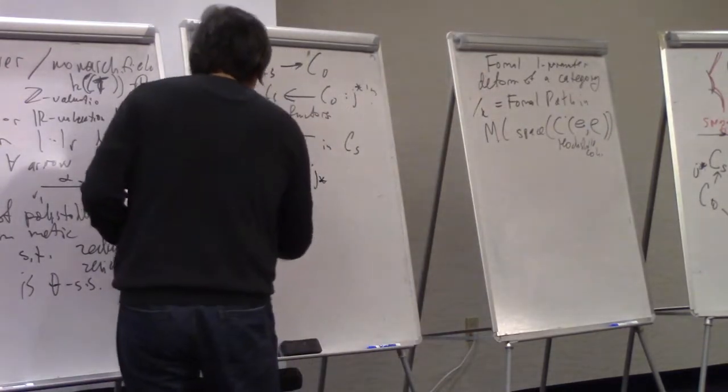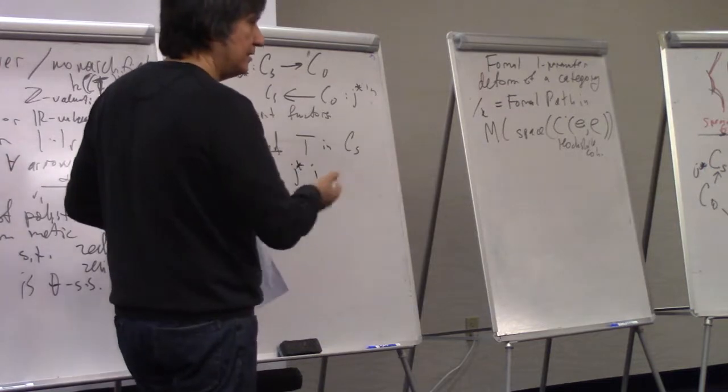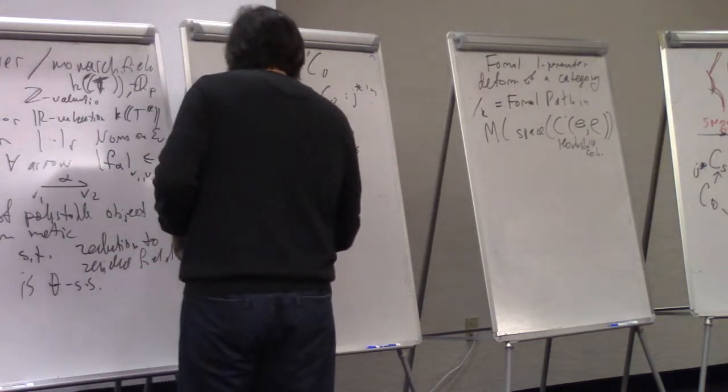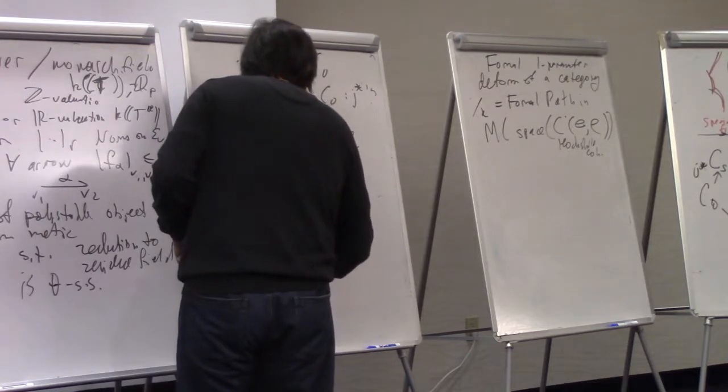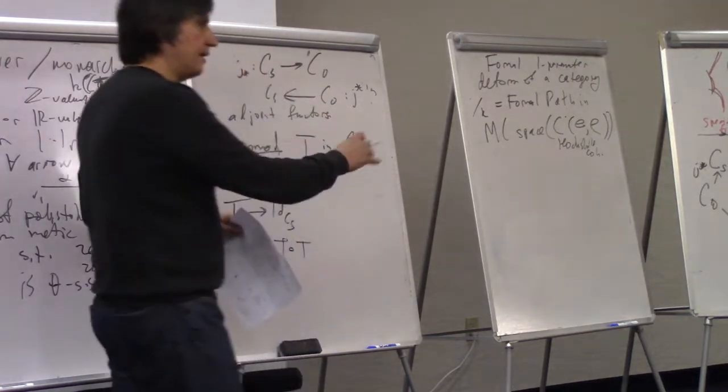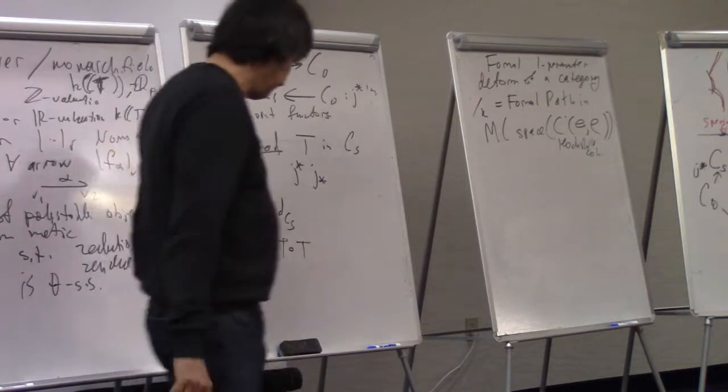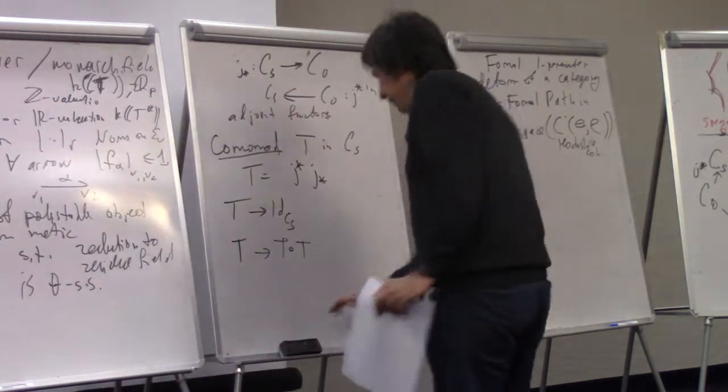The comonad is dual to the notion of monad, so you get a map from T to the identity functor of CS and a map to T squared, and higher coherences. So you get a natural comonad.